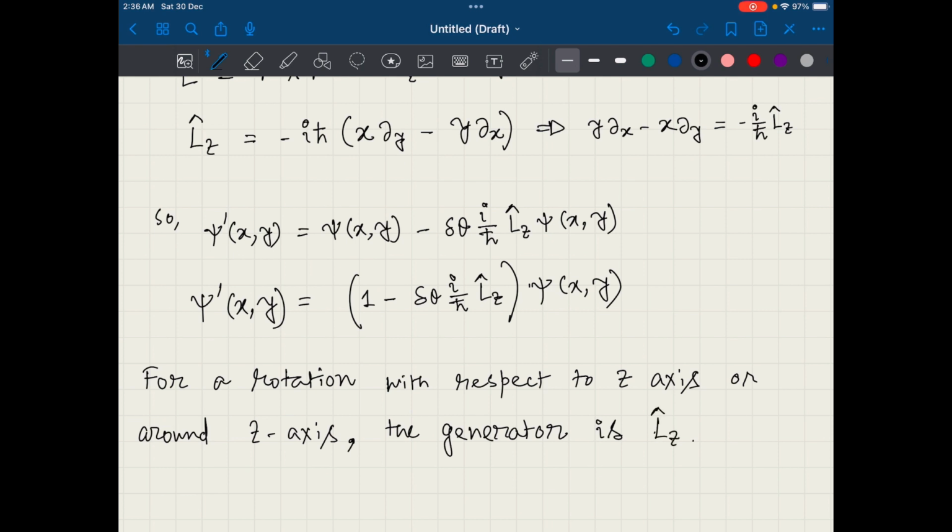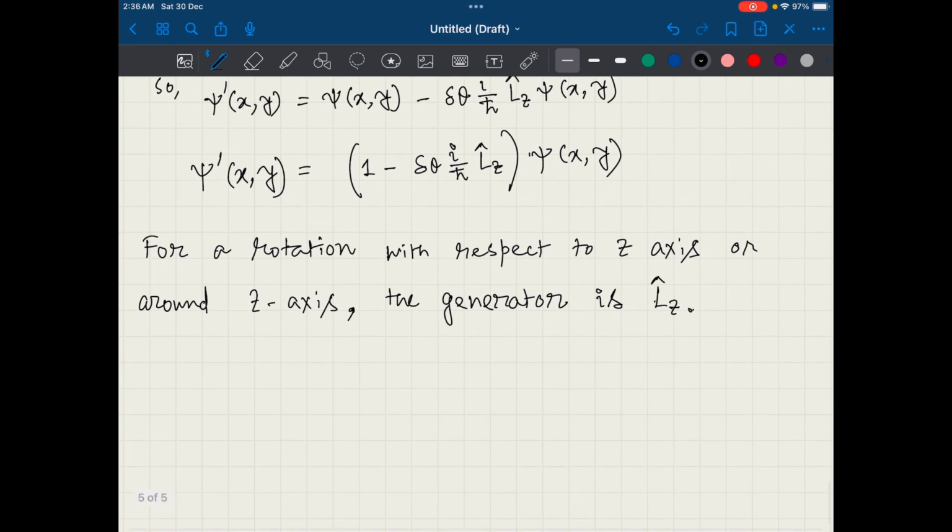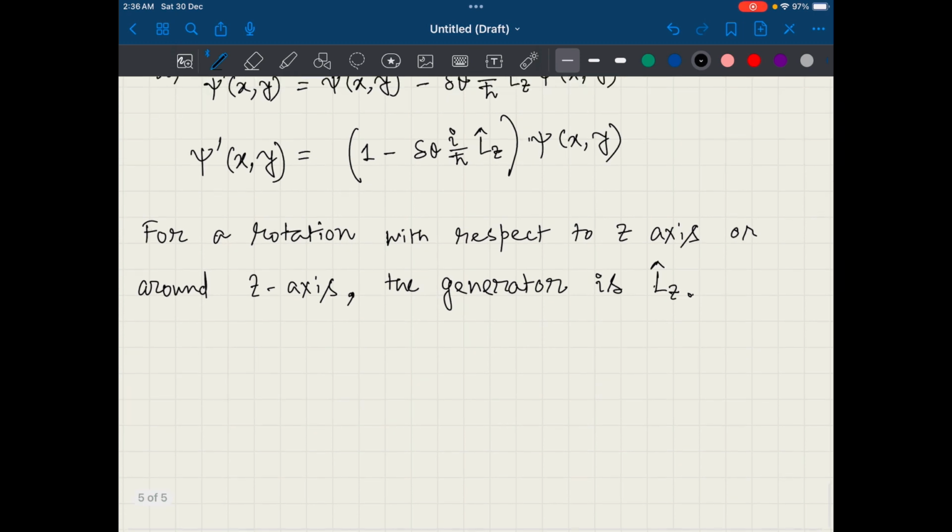The z component of angular momentum, or we can say that the z component of angular momentum generates a rotation of state ket around the z axis.